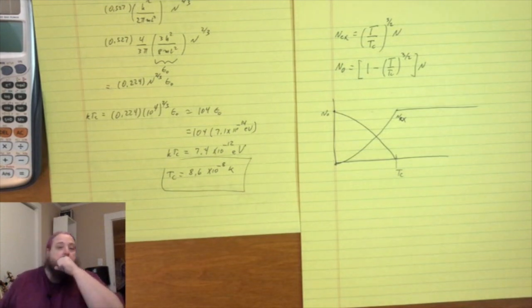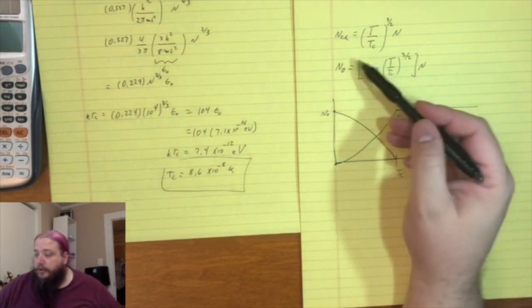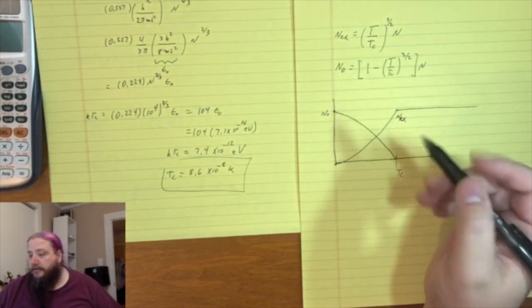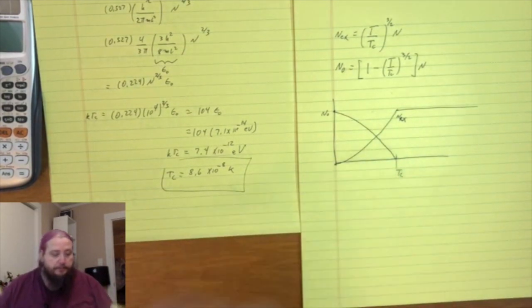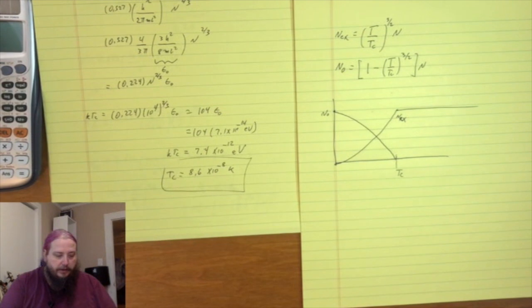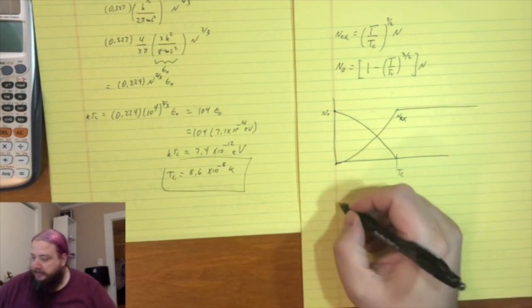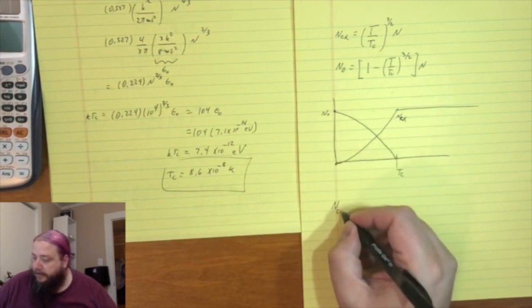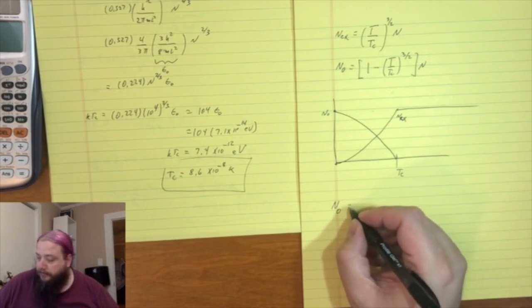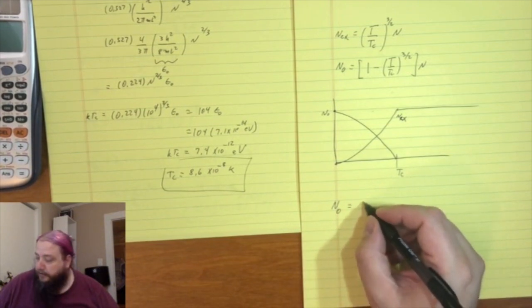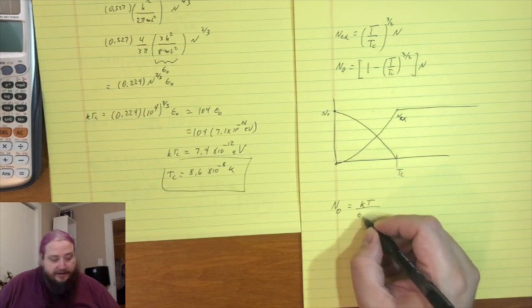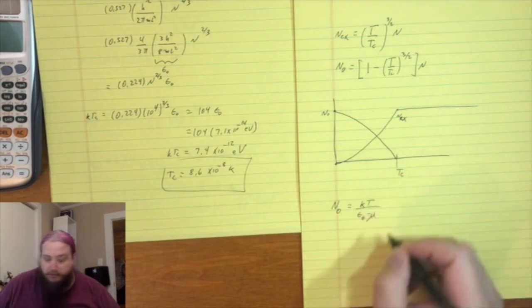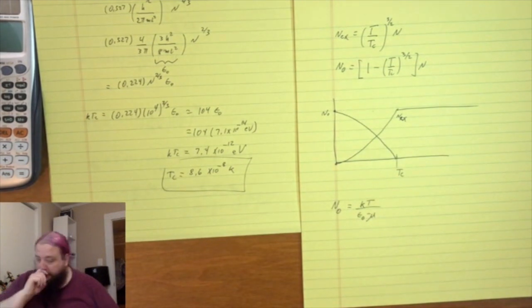And once you know the number of particles in that ground state, then you could also go back to the relationship we made earlier, which is that n naught is roughly kT over epsilon naught minus mu, the chemical potential.